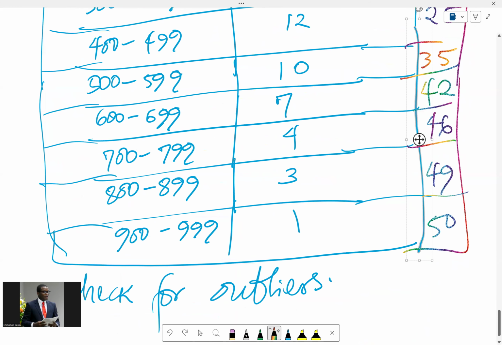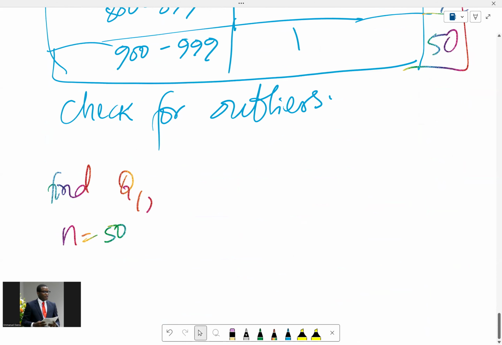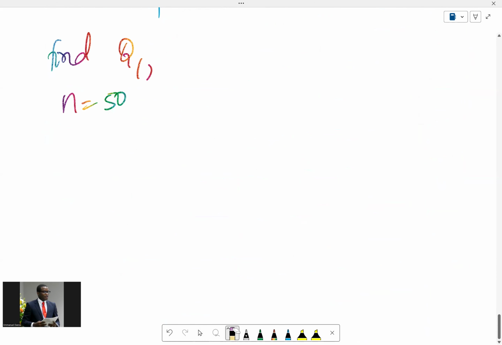So before we start talking about all the n and all that, we should know the formula for Q1 for grouped data, right? So Q1 for grouped data is actually the lower bound of the first quartile class, the Q1 class.